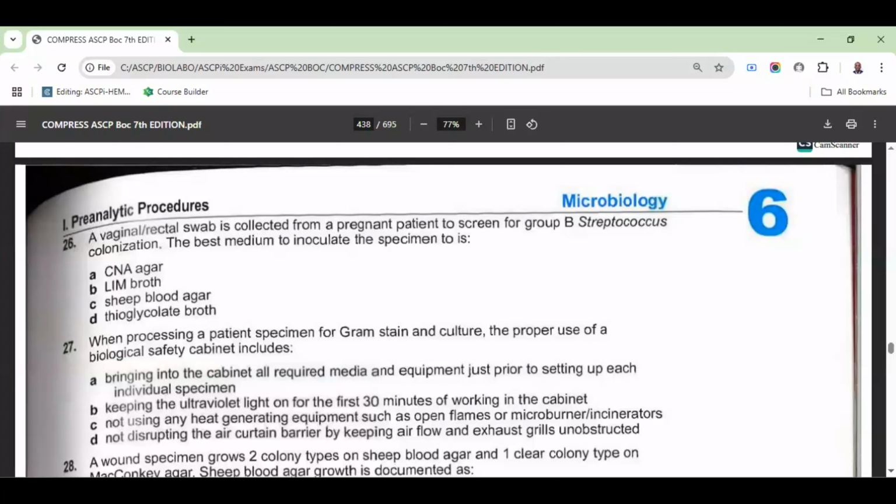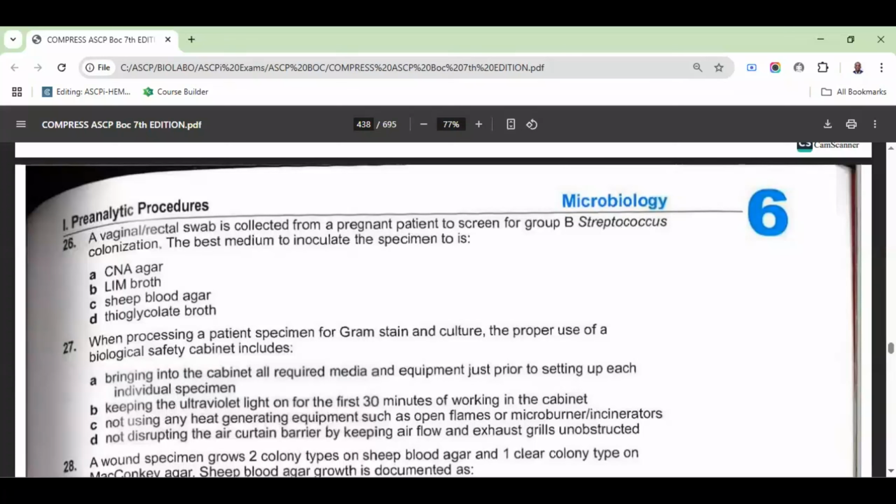Sheep blood would be good, but I think there would be a lot of contamination, and we cannot isolate the group B streptococcus well because of the contamination. So you would choose sheep blood, but the problem is that it would be contaminated with many things.